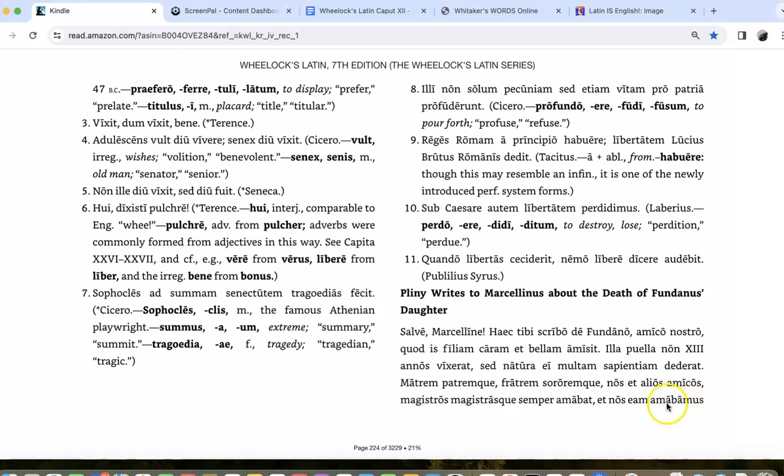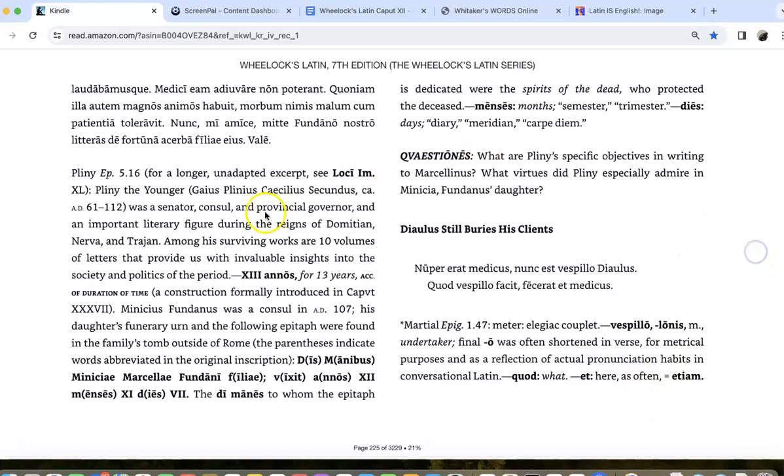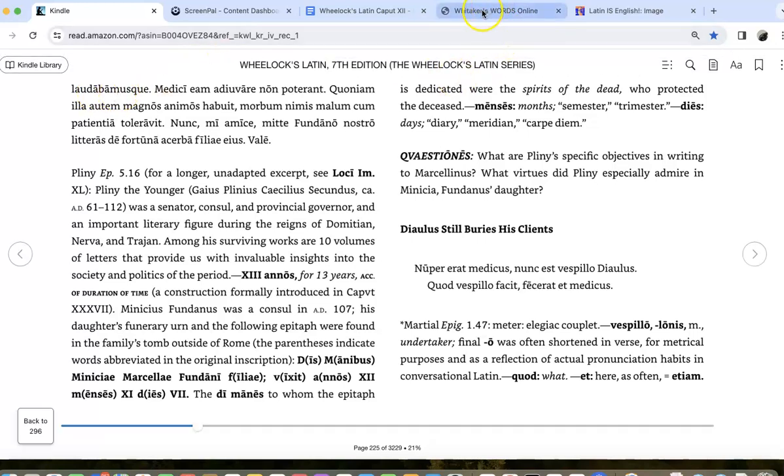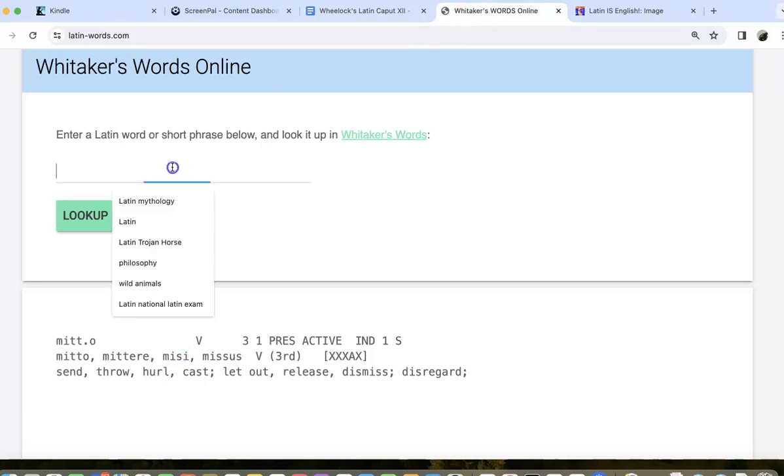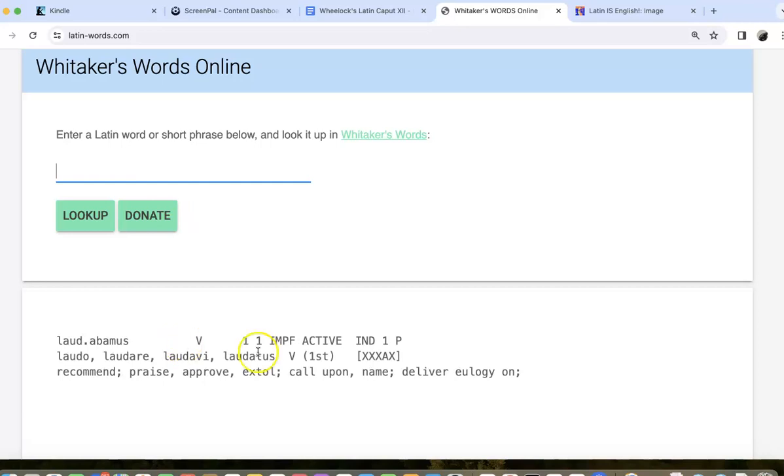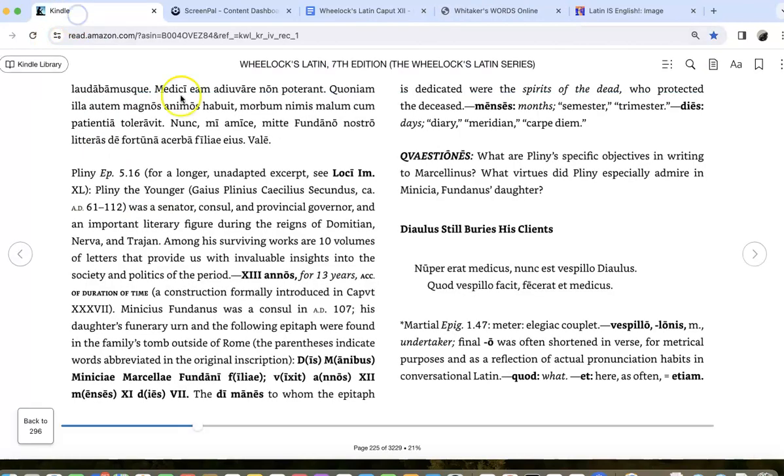So we were loving her, nos we, amabamus, and praising her, laudabamus. Once again, if you're not sure, just like I'm doing now to show you, you have to look up these words. Imperfect, active, indicative, first person plural, we were praising.